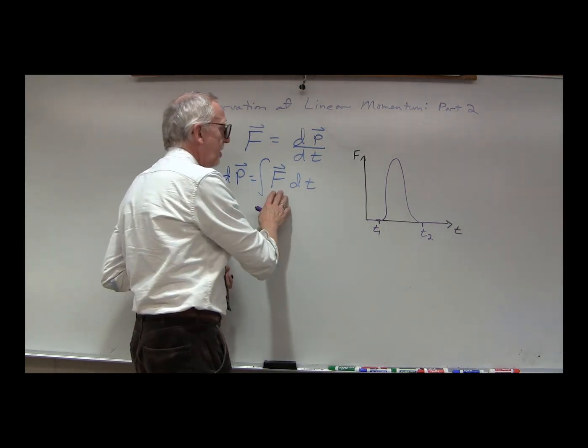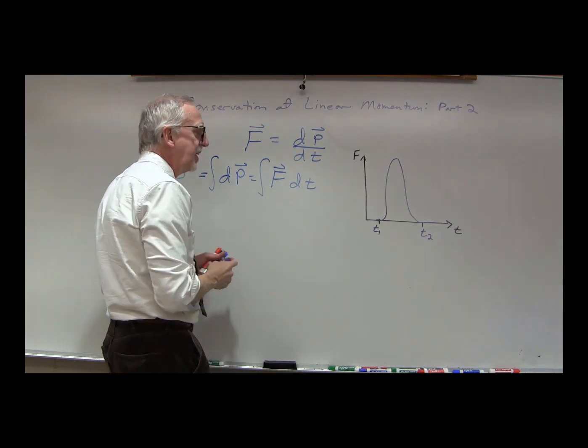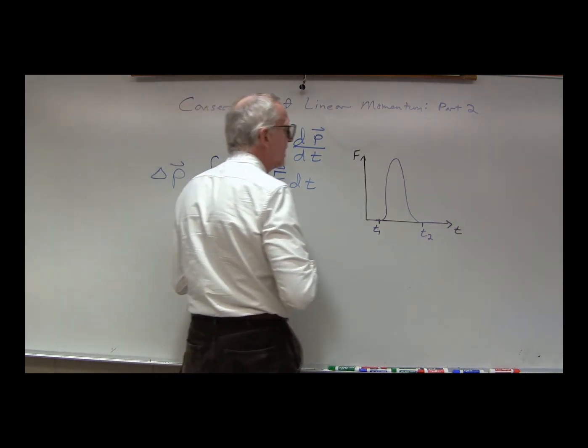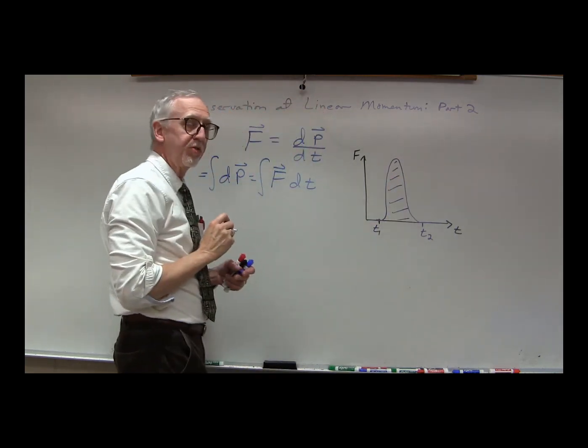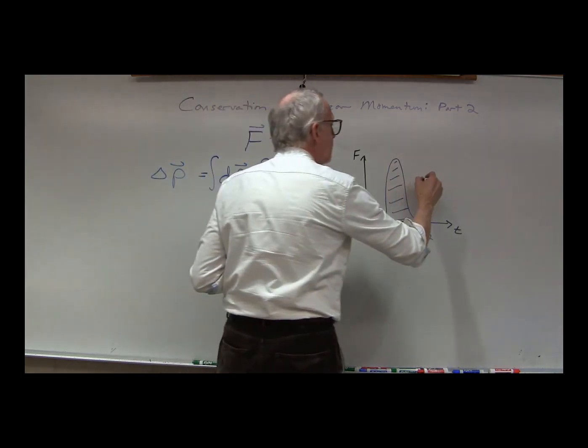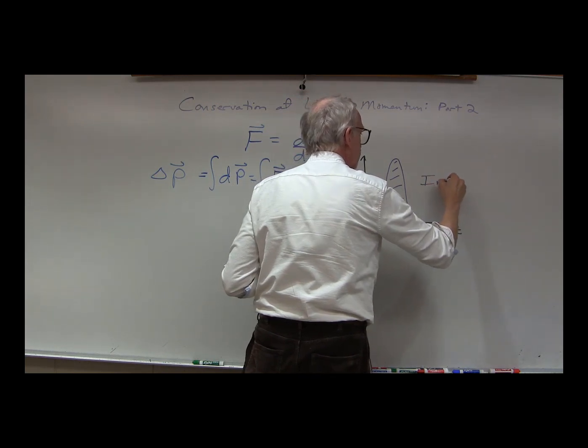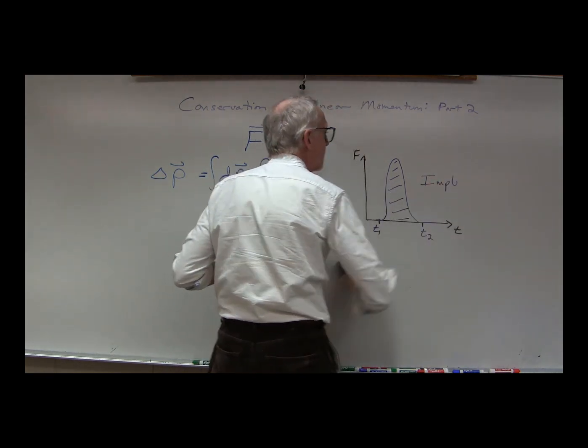So this integral of F dt is going to give us what? It's going to give us this area, the area under that force curve. That is called the impulse.